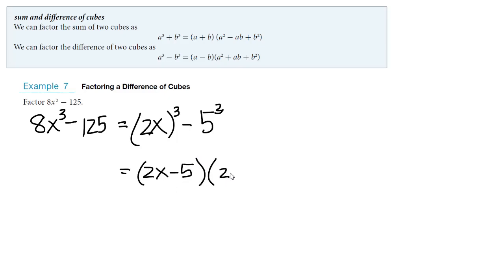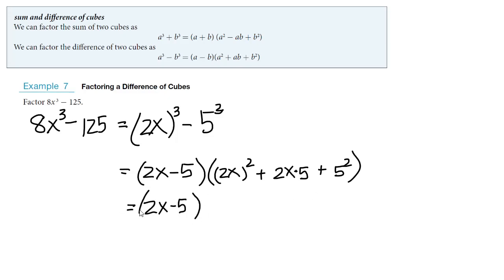So that's going to be 2x all squared plus 2x times 5 plus 5 squared. And now I just need to multiply that out. So that's 2x minus 5, and in the trinomial, I'll have 4x squared plus 10x plus 25.